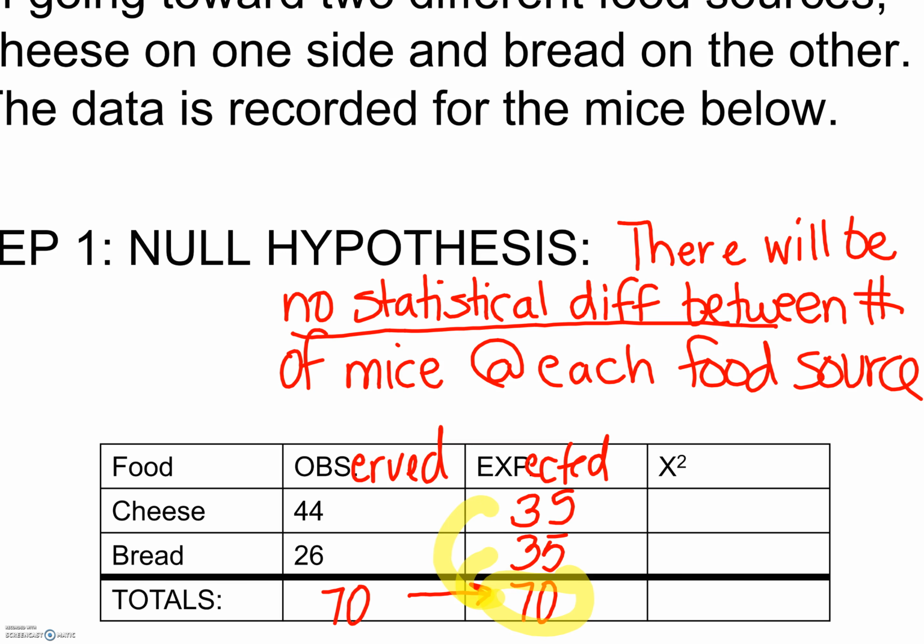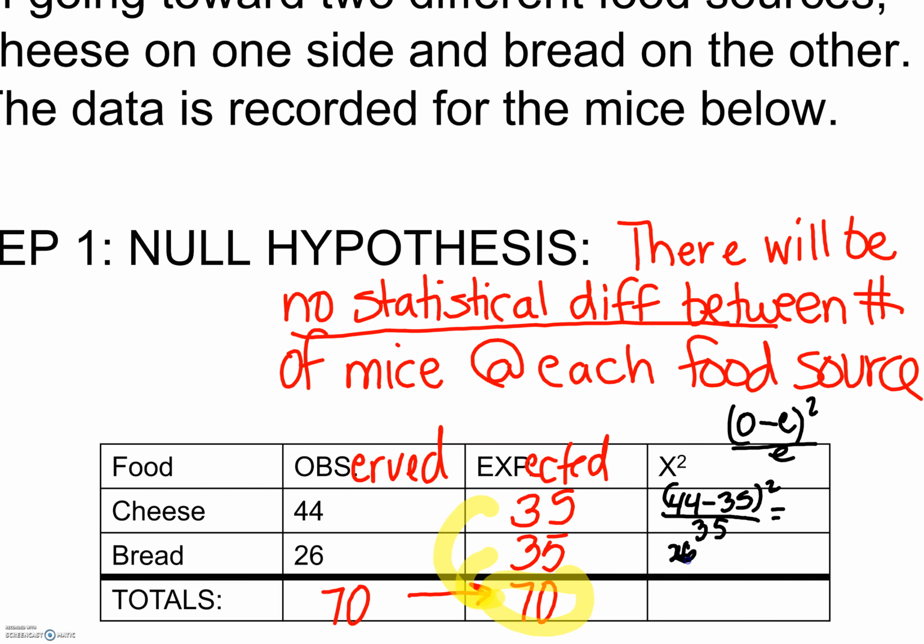All right, now here's where our formula comes in. If you recall, our formula was observed minus expected squared over expected. So we're literally going to plug that in and calculate chi-square for each of these. Our first one, observed 44 minus our expected 35 squared over 35, and we're going to get a number. Then we're going to do the same thing for our second one.